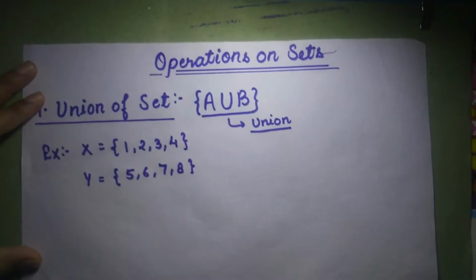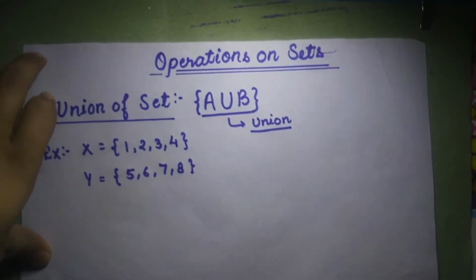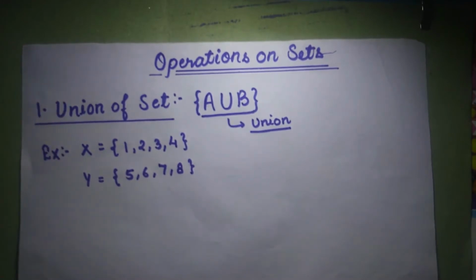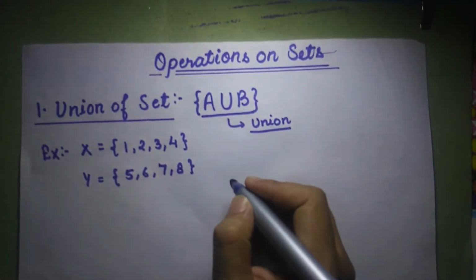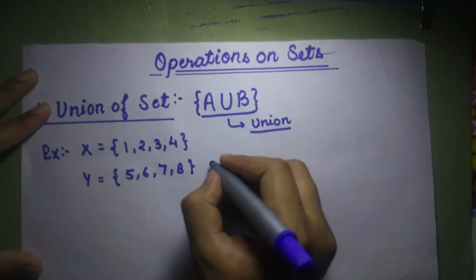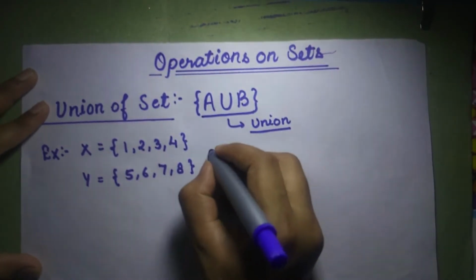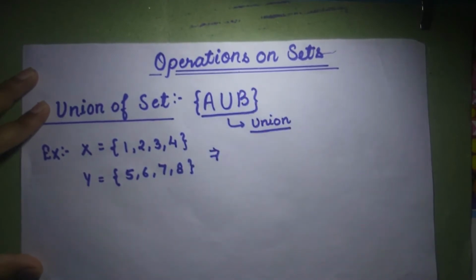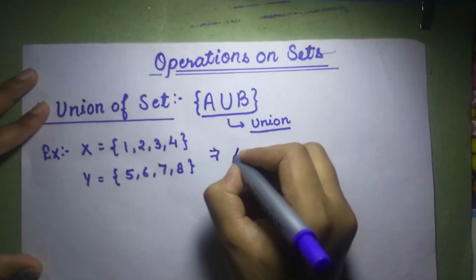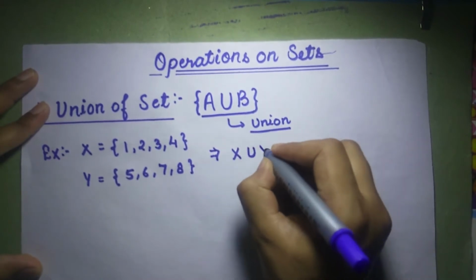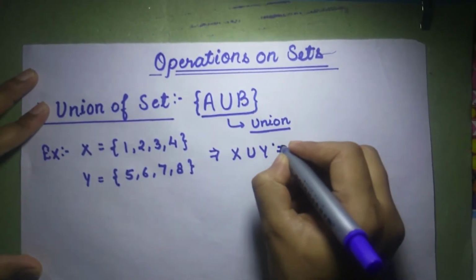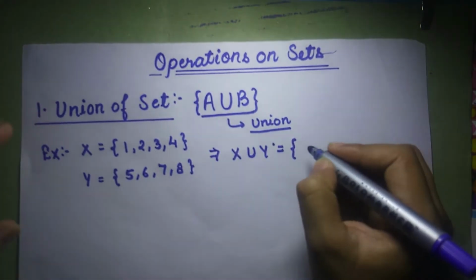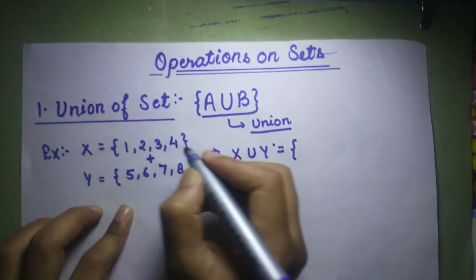For example, x equals 1 2 3 4 and y equals 5 6 7 8. So set x has four elements 1 2 3 4 and set y has four elements 5 6 7 8. We want to combine x and y, so we use the formula A union B. We do x union y, which combines both of the sets.